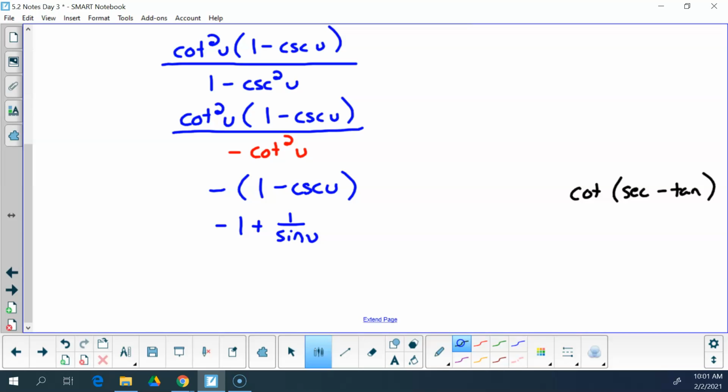What if, I'm just spitballing here, what if I multiplied by cosine of u over cosine? Just throwing it up. Seeing if anything sticks. First, is it legal?